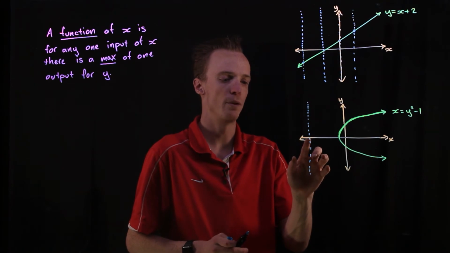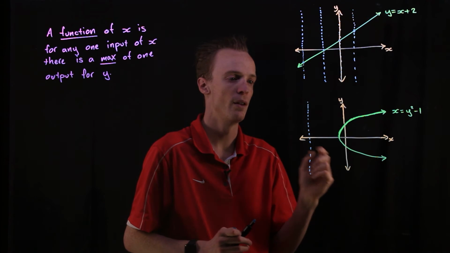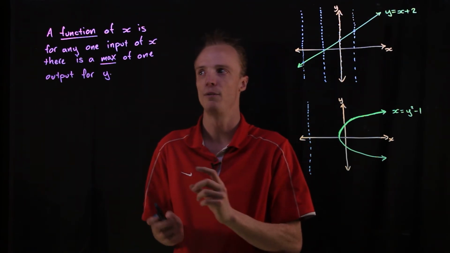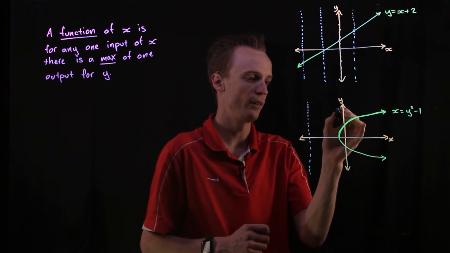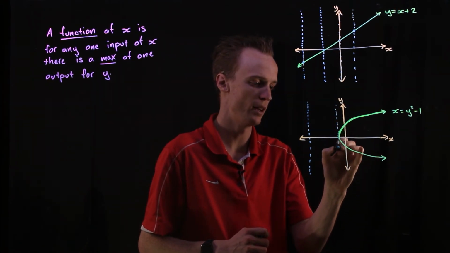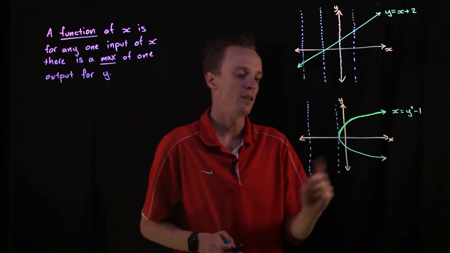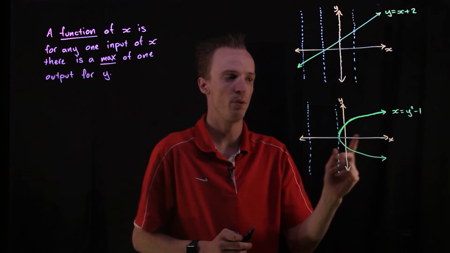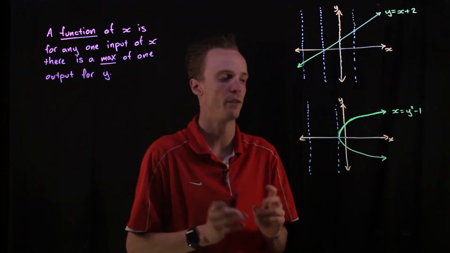So for that input of negative 10 for my x, it's got 0 outputs. That in itself doesn't prove that it's a function yet. If I look at putting x as negative 1 in, right where the x-intercept is, you can see that it has one output for our y. So far it's still fitting our definition of a function.